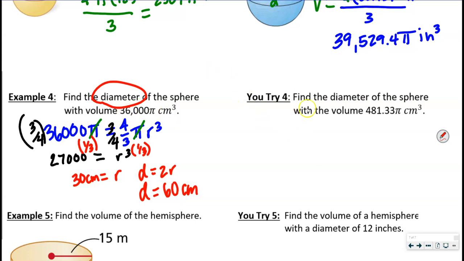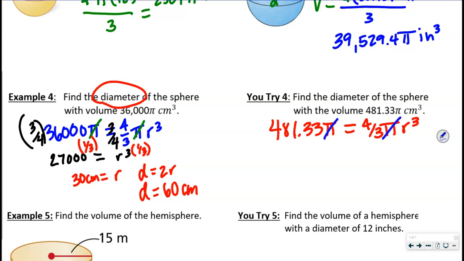Okay, so let's see if you guys can do this one. It's just like it. Find the diameter of the sphere with the volume of 481.33 pi centimeters cubed. Pause the video. Go ahead and try this one. Okay, 481.33 pi equals 4/3 pi r cubed.